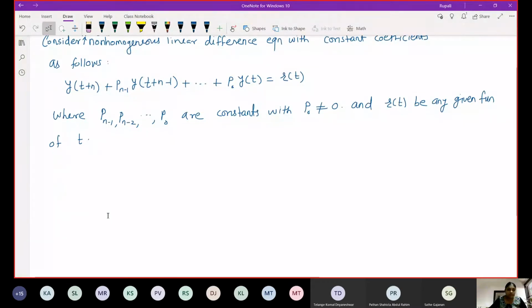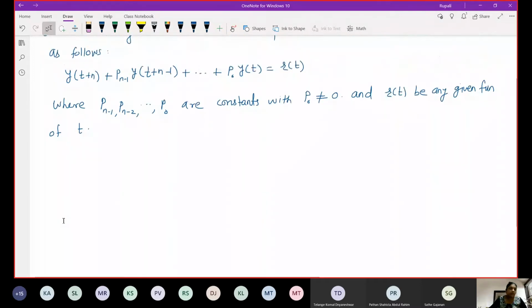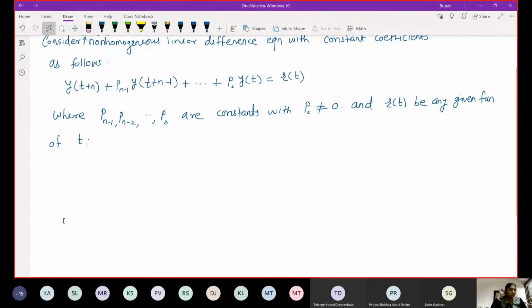So our aim is to find what is y t which satisfies this equation. Earlier we have seen the equations when r t is equal to 0. Now we have to see when r t is non-zero how to solve it.